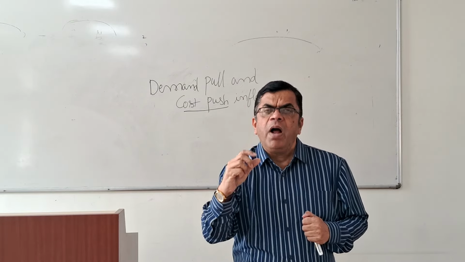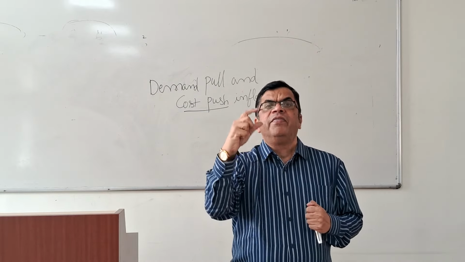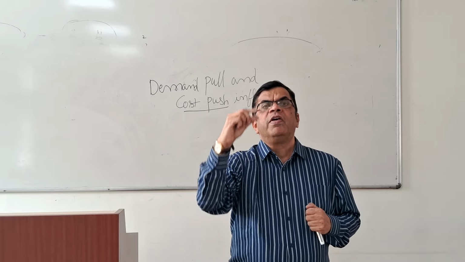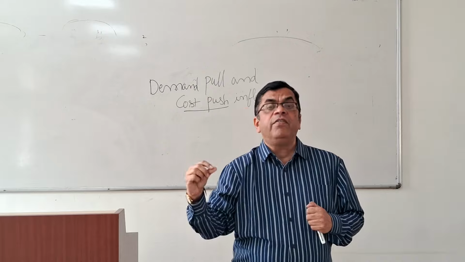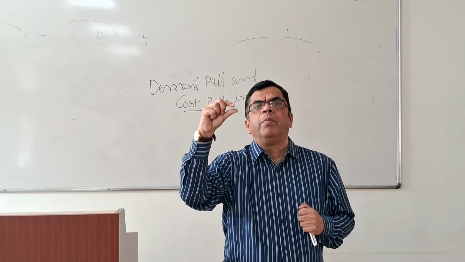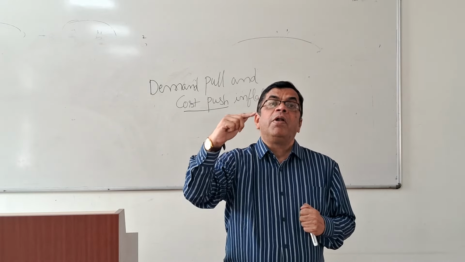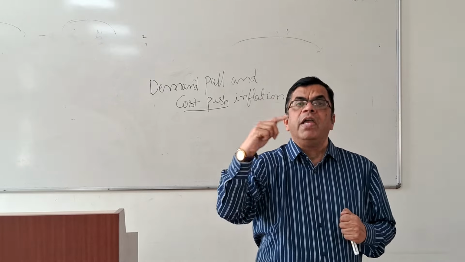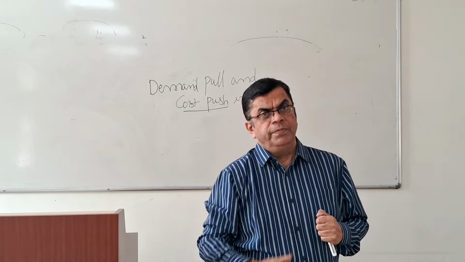Now when labor demands higher wages, suppose management concede it, then the input cost for the producer goes up and he adds it to the value of the final product, and that is how the price of that product may rise due to rise in prices of input such as labor cost, raw material.